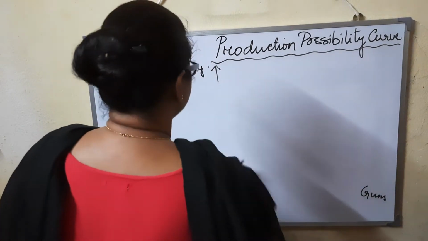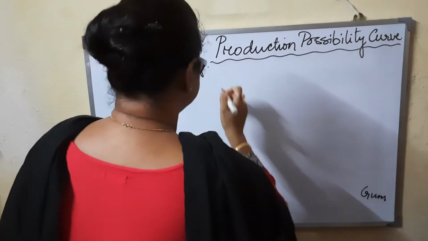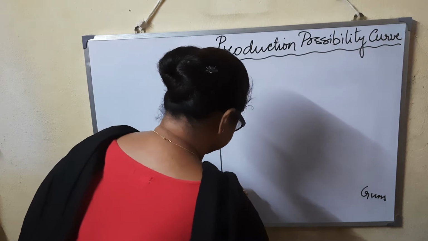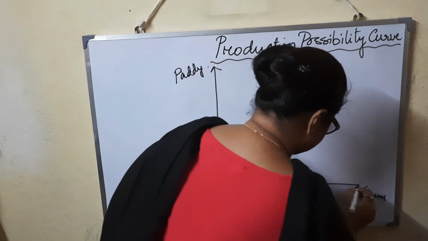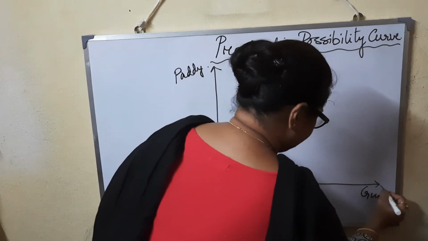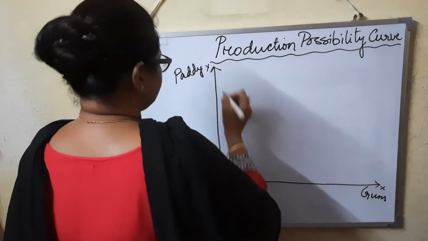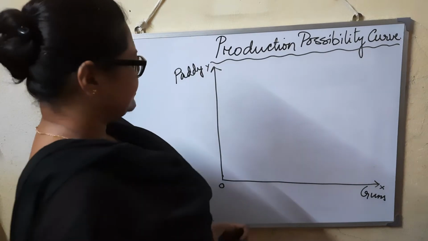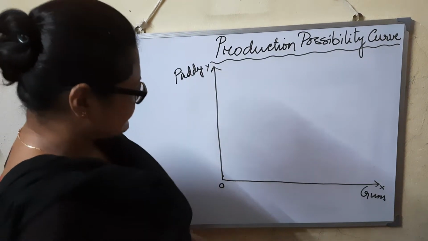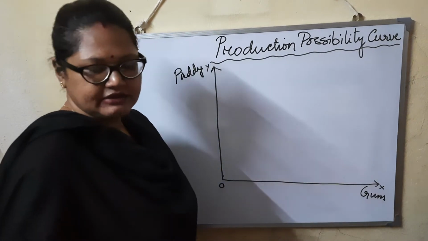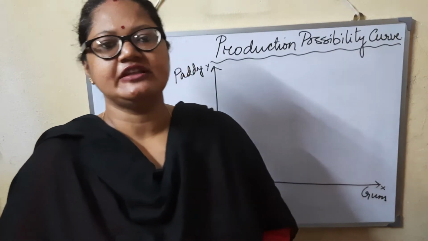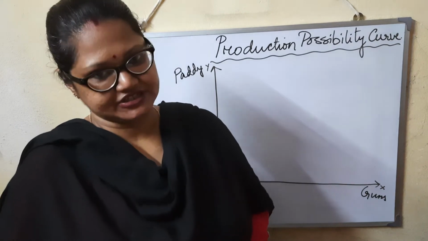So first I'll draw the PPC curve. This is the x-axis, this is the y-axis, and we are going to measure paddy in the y-axis and guns in the x-axis.